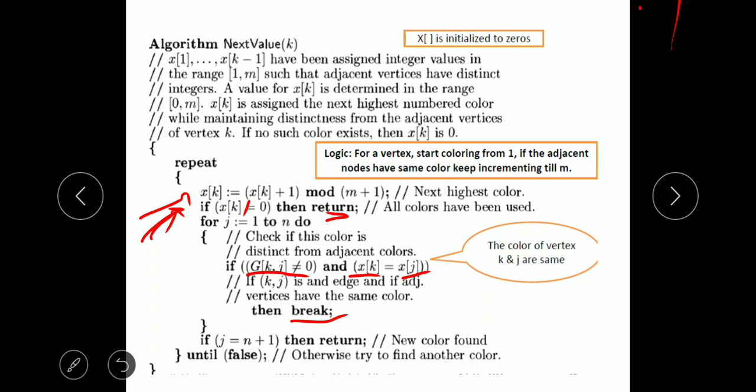Otherwise, the control goes back to x of k equal to (x of k plus 1) mod (m plus 1), and this loop continues until it finds another color. So this is how the graph coloring algorithm works.